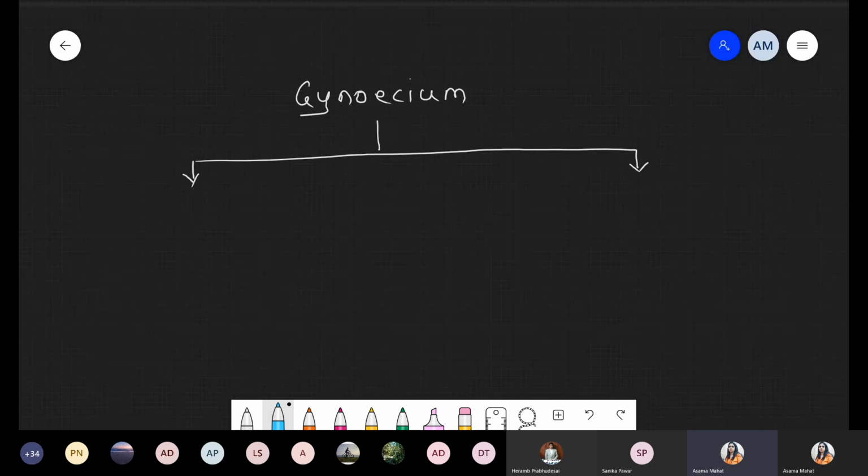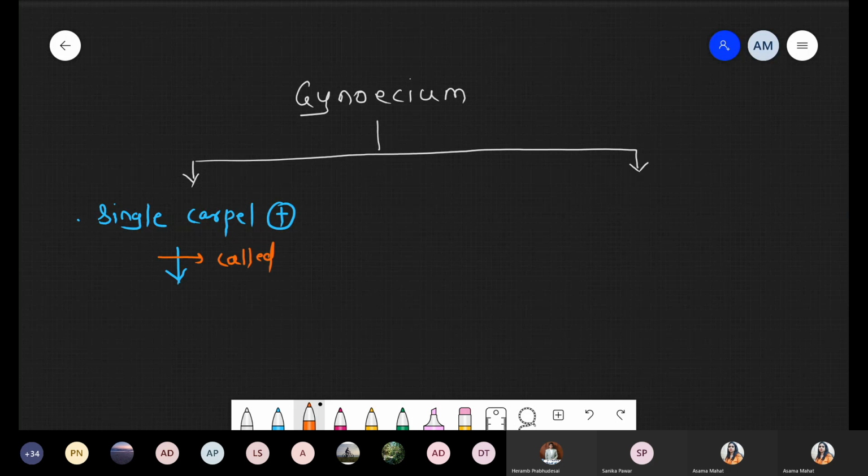If it consists of only a single carpel, such a condition is called monocarpellary. This means there is only a single stigma, single style, single ovary, a single carpel structure. That is called monocarpellary.